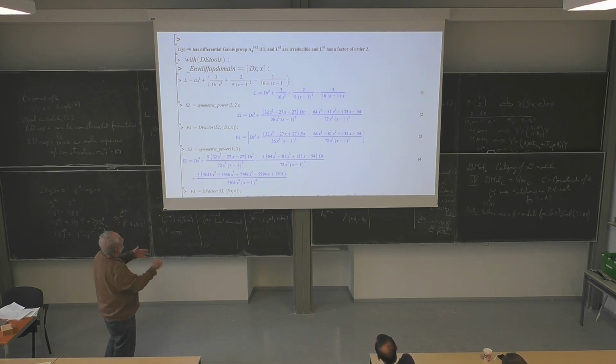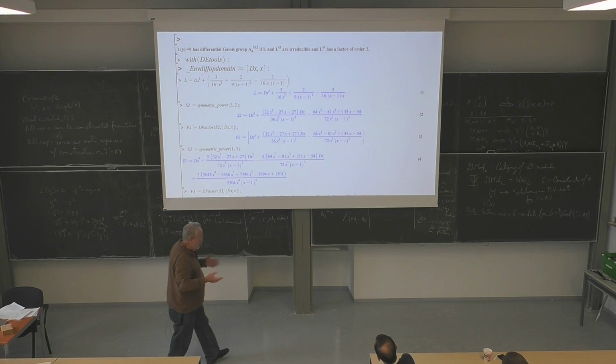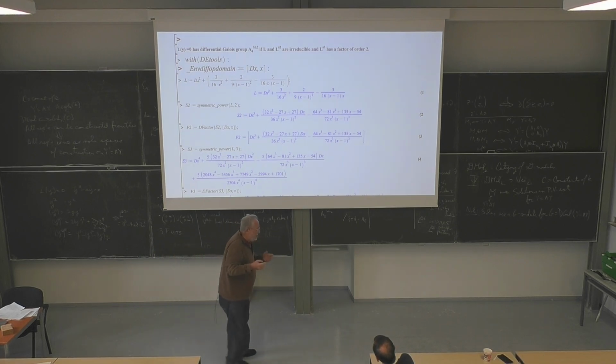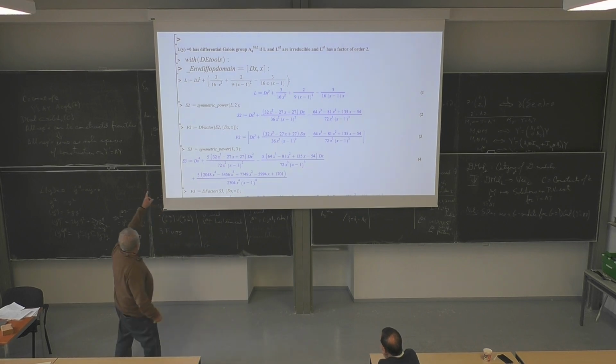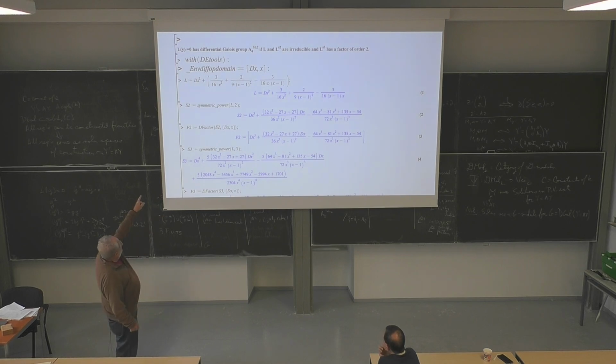You have to declare where you're living, so you have to say what the derivative is. This is the way to say it. And then I've written down L, typed it in, and there in blue you see L. There's a command, the nth symmetric power, it's symmetric power L, comma M. It calculates it.